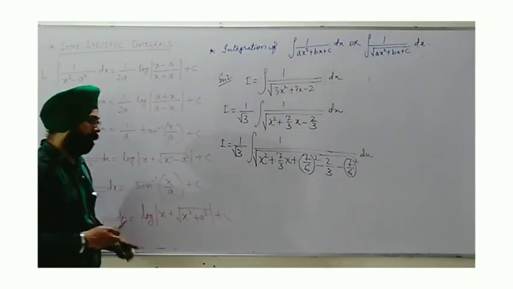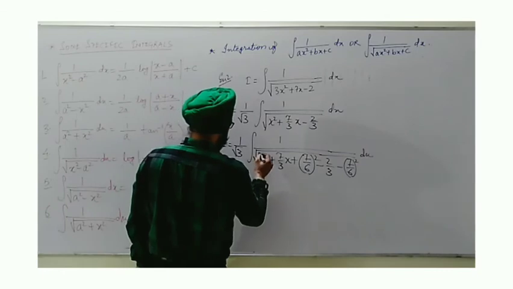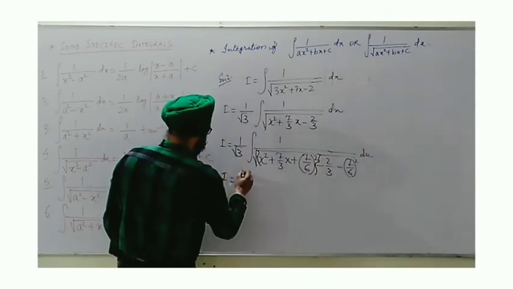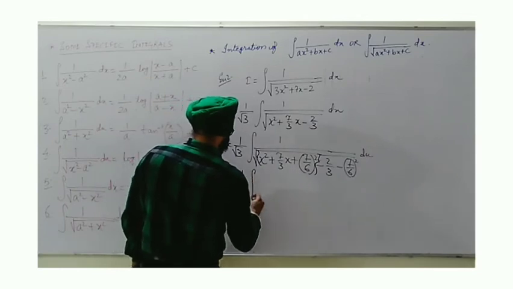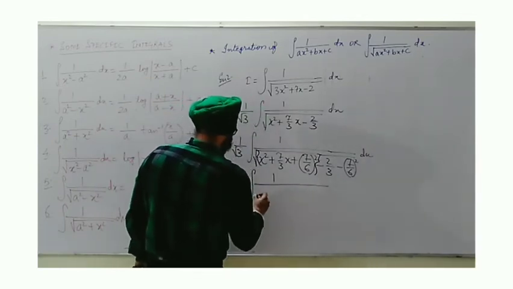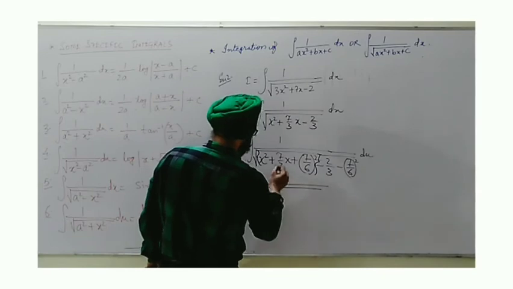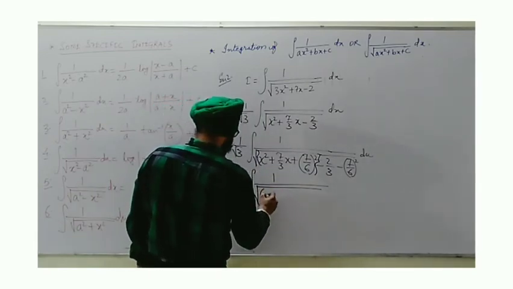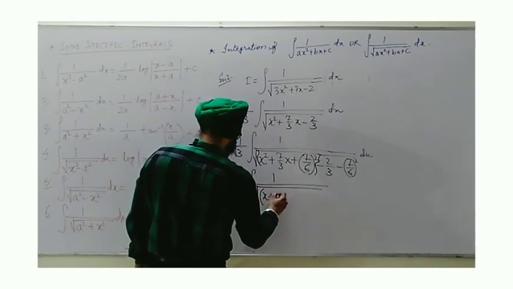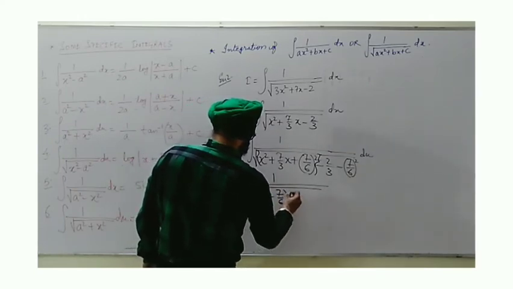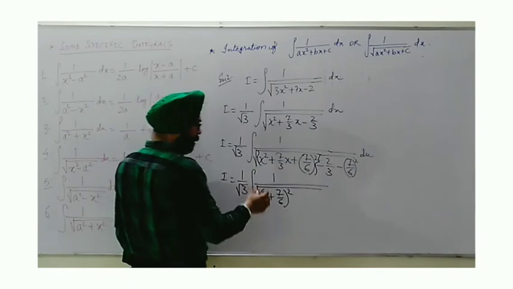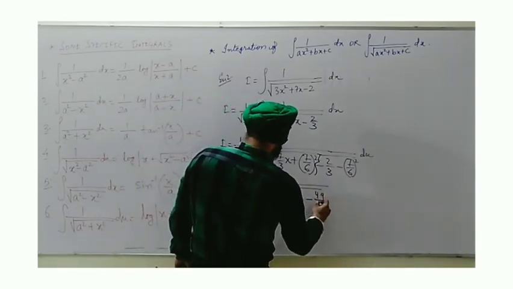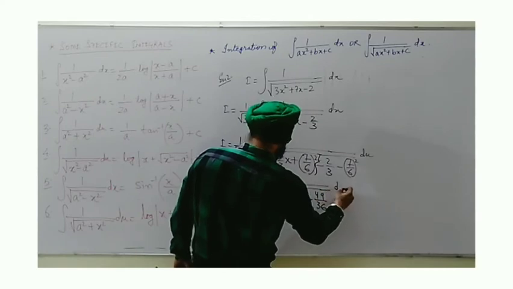As soon as we write this expression, we are done with the completion of square with 3 terms. This can be written as 1 by root 3, 1 upon, and since this is plus 2ab, we apply a plus b, meaning x plus 7 upon 6 whole square. For the rest we get minus 2 by 3 minus 49 by 36, dx.